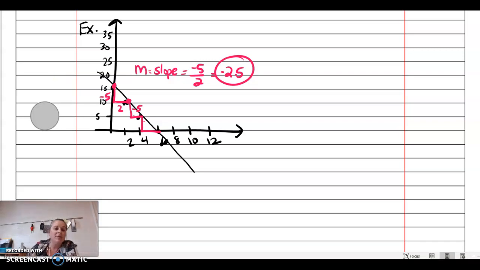And my y-intercept, where the line crosses here, is at 15. So when I go to write my equation, I have y equals mx plus b. So I have y equals negative 2.5x plus 15.